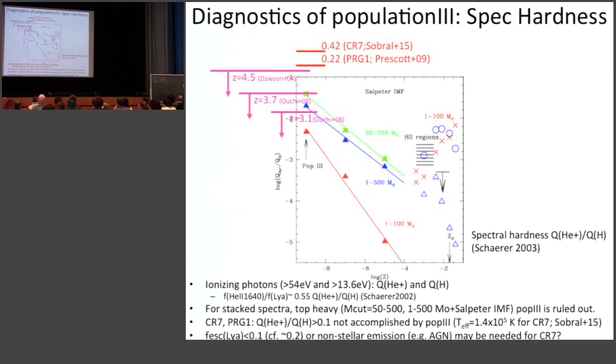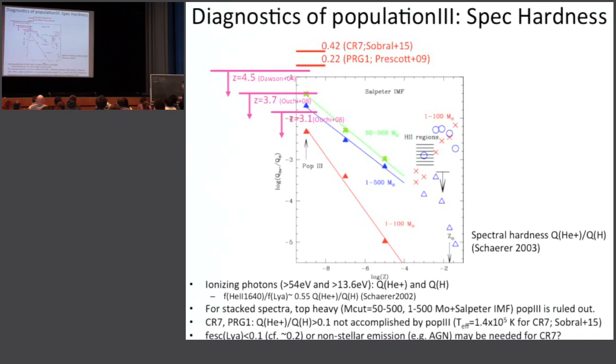And if you plot PLG1 and CR7, they are placed around here. So compared with Population 3 and the top-heavy extreme Population 3, it goes very high. So if this is true, then you cannot explain these objects as Population 3. However, there's a caveat.